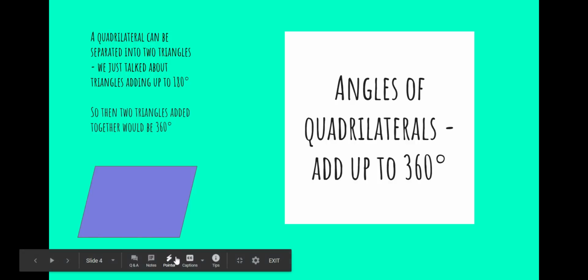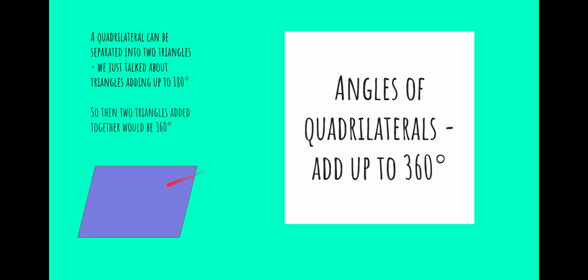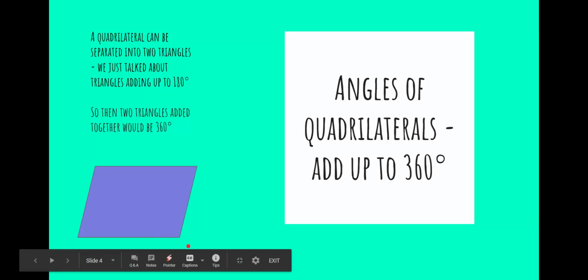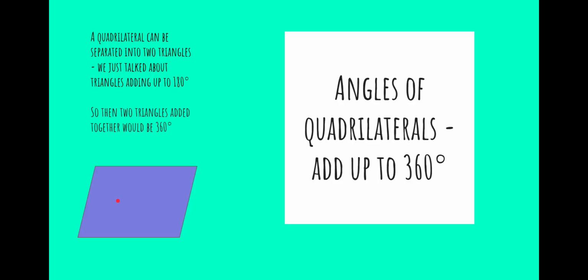If I were to draw a line across, I would now have 2 triangles making up my quadrilateral. You can do it for any of them. You can cut a square diagonally and make it into 2 triangles.